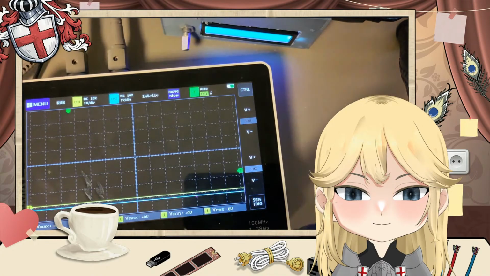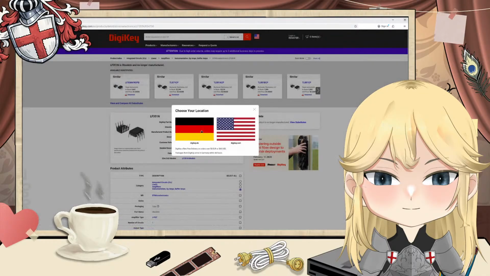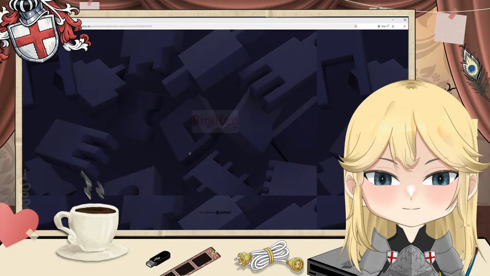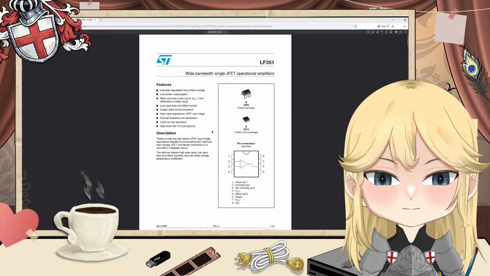Now for some reason it's not getting converted to our 12 volts. I just want the data sheet, please stop popping up random stuff. Okay.